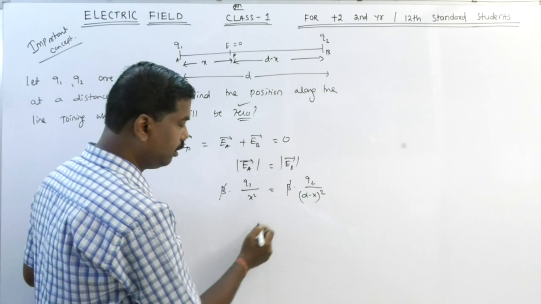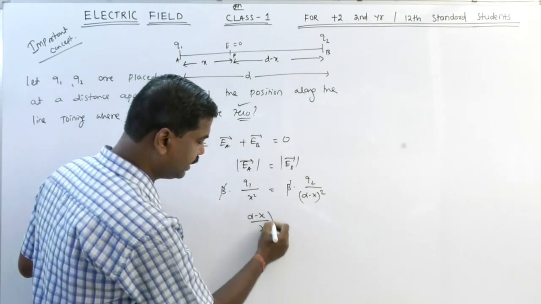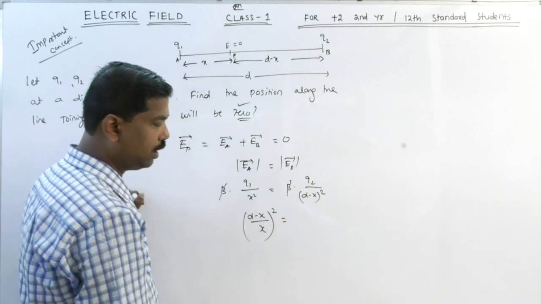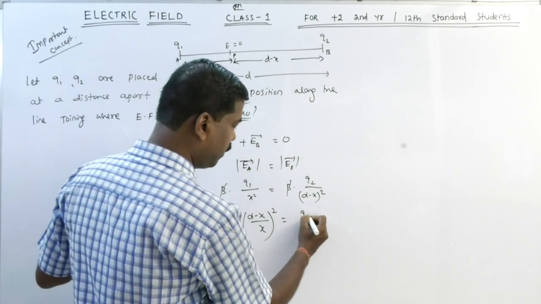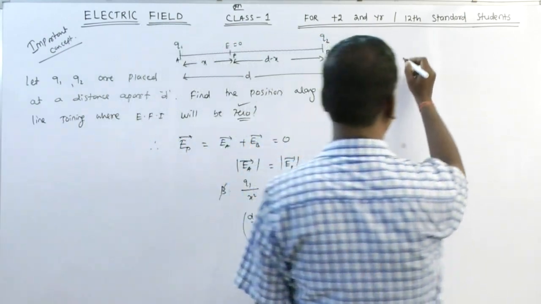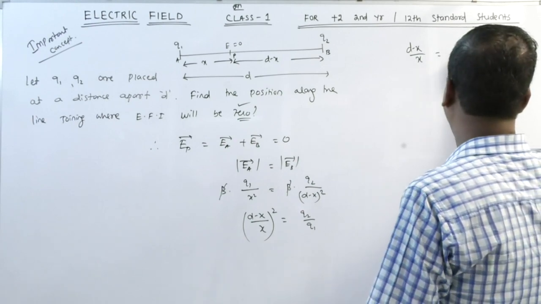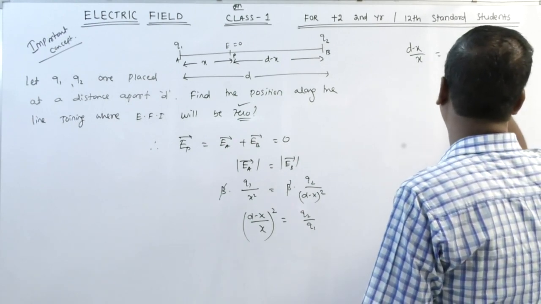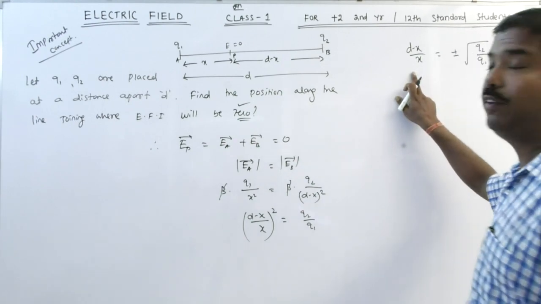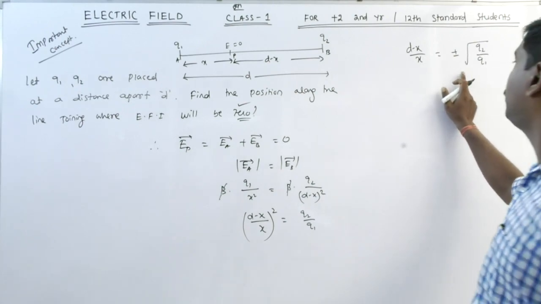So k, k cancel out, or I can write (d minus x) by x whole square is equal to Q2 by Q1, or (d minus x) by x is equal to plus or minus root of Q2 by Q1. I have taken both side root. Clear? Both side root.